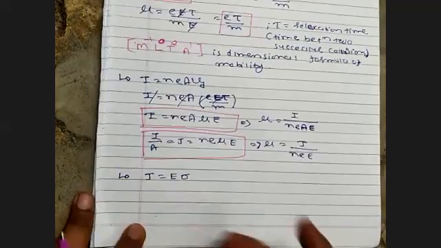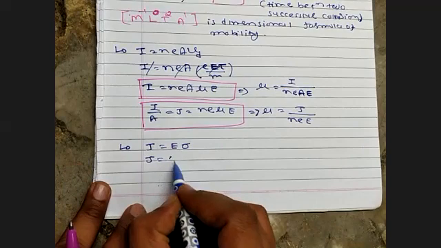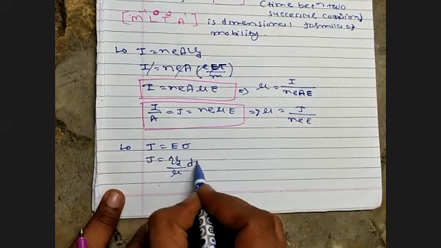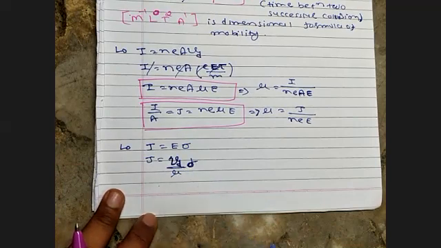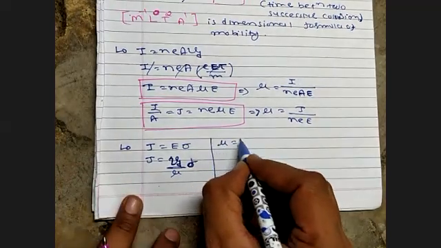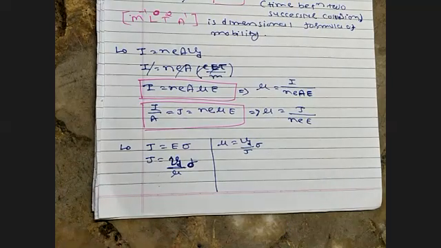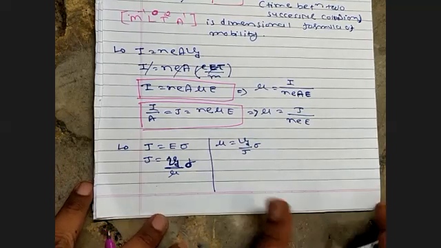E is equal to VD by mu, so J is equal to VD by mu into sigma. So mu is equal to VD by J into sigma. By this way you can understand also. VD by J.